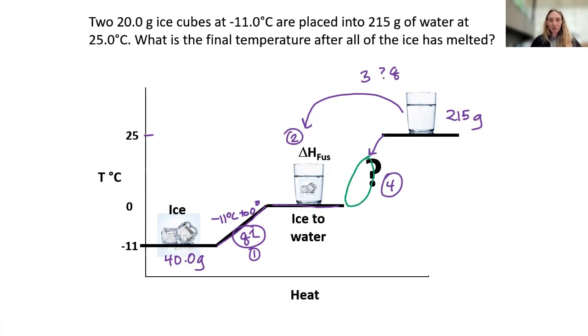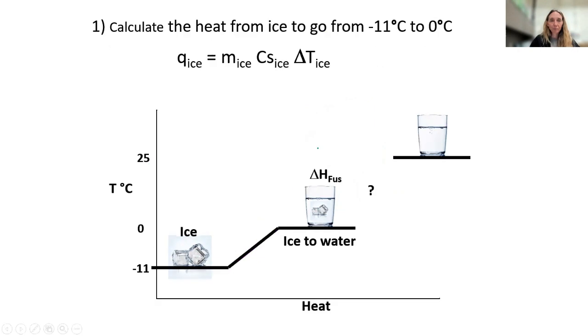So I know my final temperature is going to end up somewhere in this area, as long as I have enough water that can melt this ice fully. Now, if I had too much ice, this water is going to freeze, right? But for now, I'm going to say my final temperature is going to be in this range. So we're going to go through steps 1, 2, 3, and 4. I'm going to talk through how we're going to solve it, and then I'm going to actually solve it towards the end of the video.